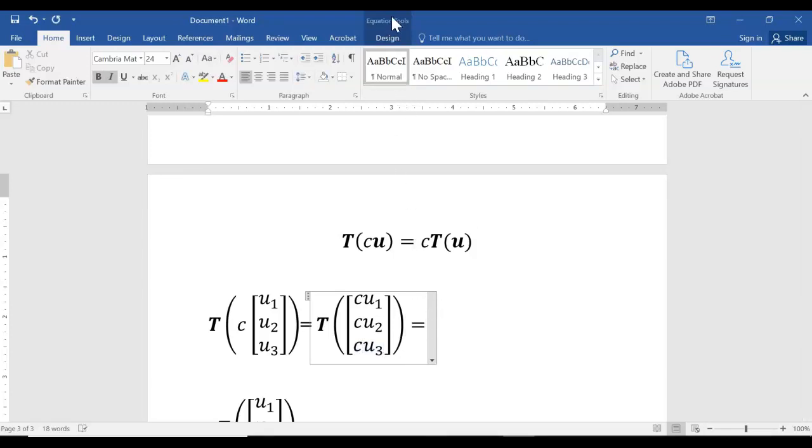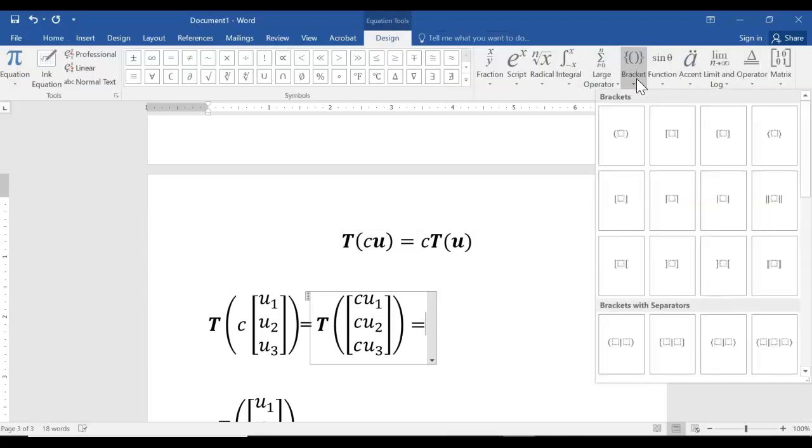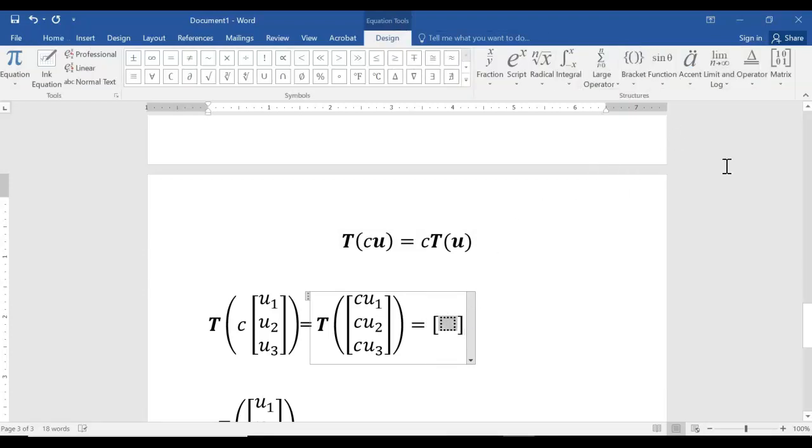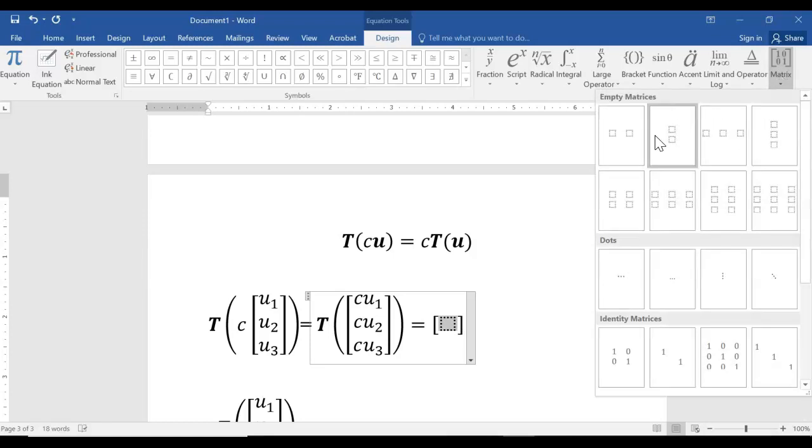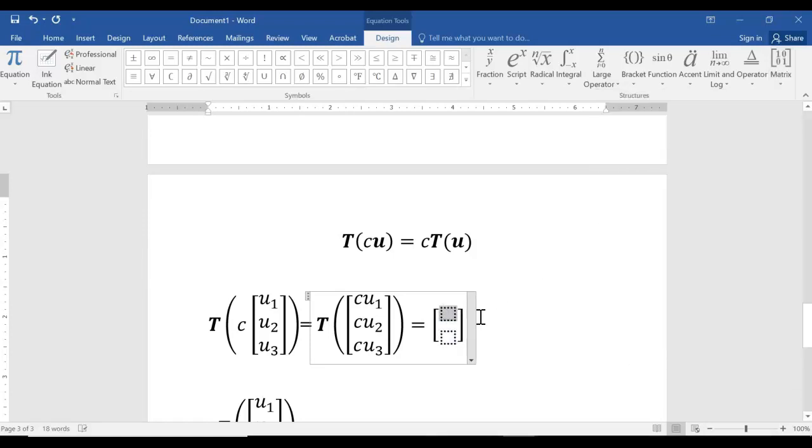I'm going to write this down fairly quickly, but basically the idea is you now apply the transformation. It is going to be 4 times the second entry. The second entry is cu2. And then minus 7 times the third entry.